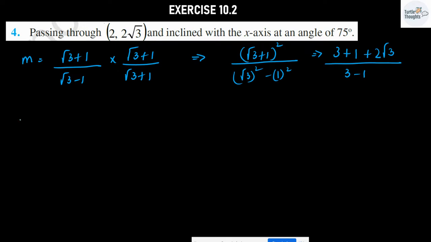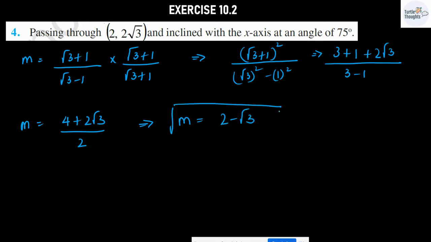Upon solving this, I will get m equal to 4 plus 2 root 3 divided by 2. Cancelling 2, I will get the value of m as 2 minus root 3. Sorry, 2 plus root 3.